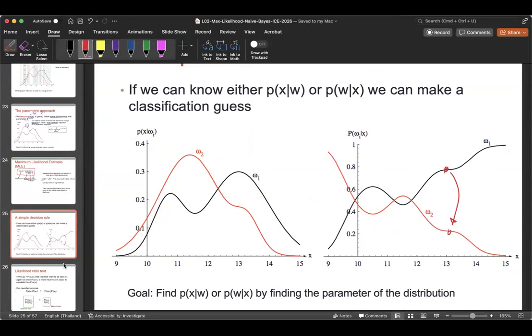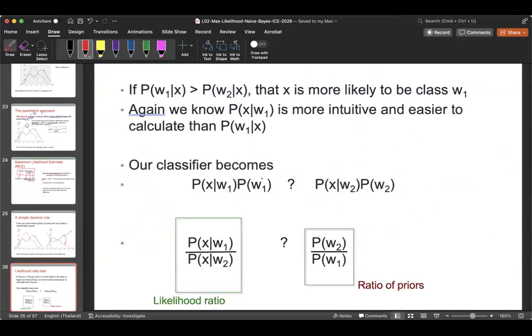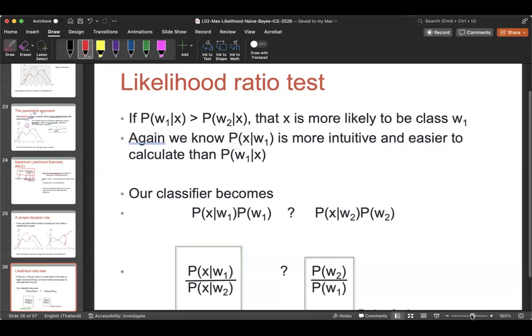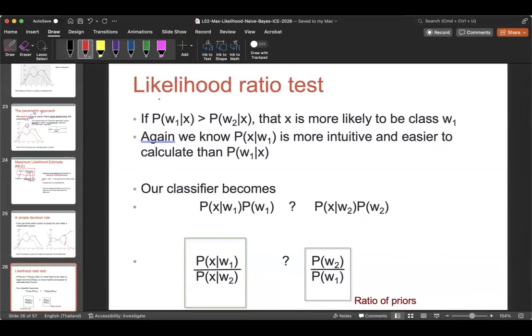So this simple trick of comparing distributions is what we call the likelihood ratio test, which is just saying, if the probability of W1 given X is higher than W2 given X, we say it's class 1. So this is what we want to do.